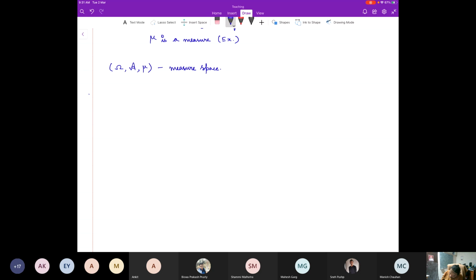Yes, so you say that this mu is a finite measure if mu of omega is finite. Then in this case, this triplet is what is known as a finite measure space.